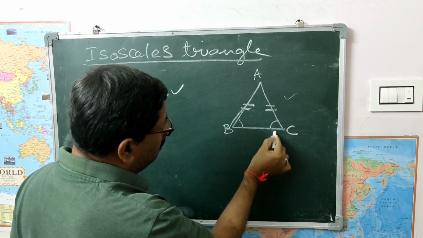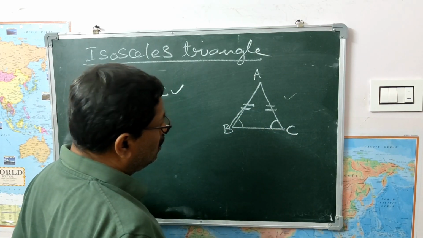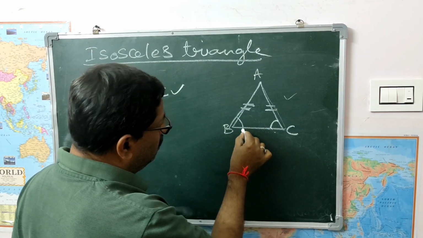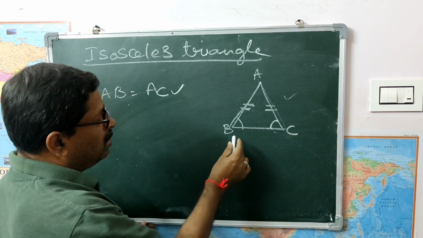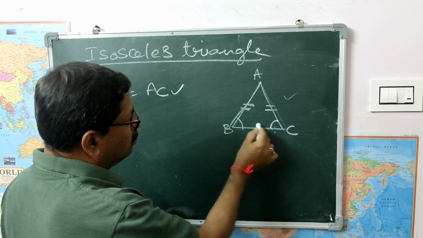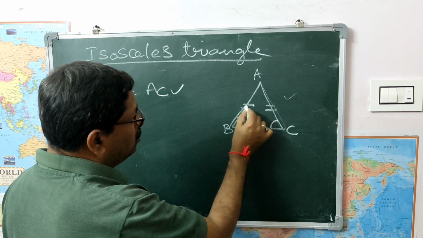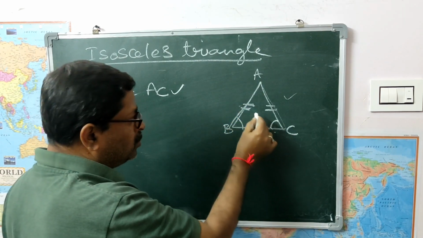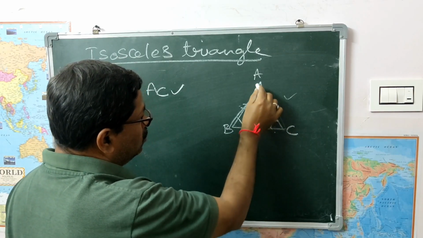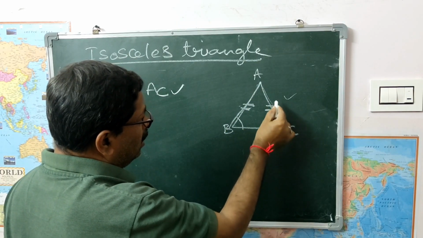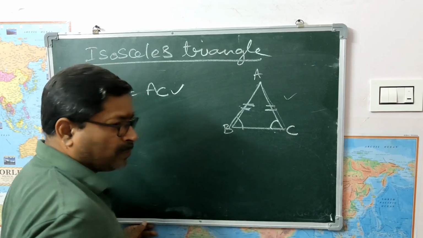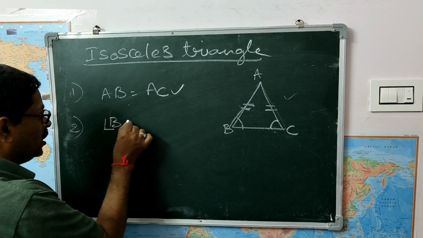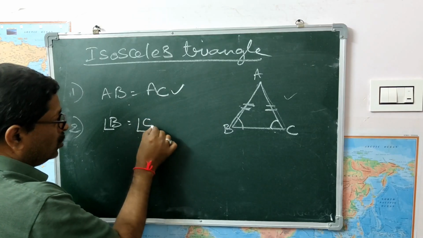The angle opposite to AB is C. What is the angle opposite to AC? That is B. Try to follow this. These two angles, which are opposite to the equal sides, are equal. That's what you should know.